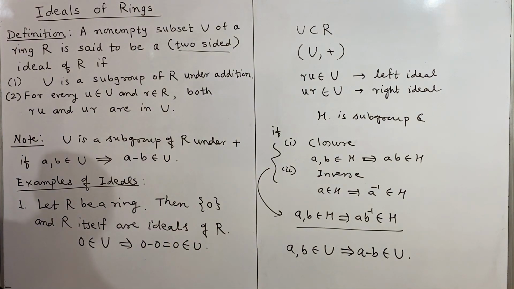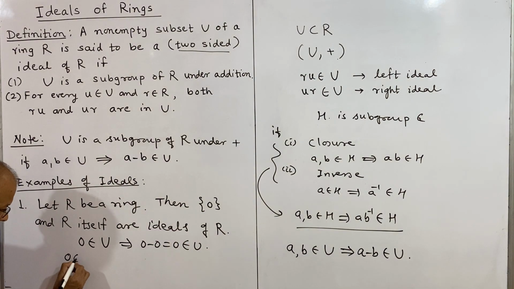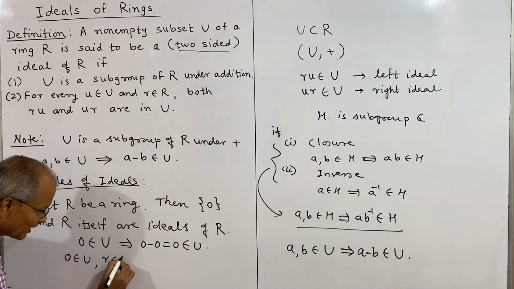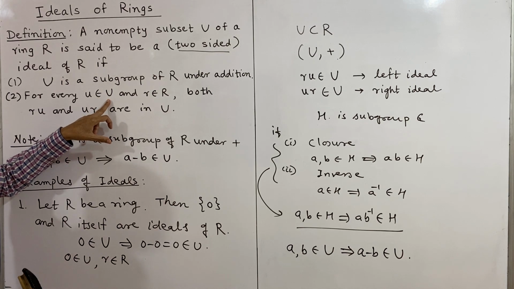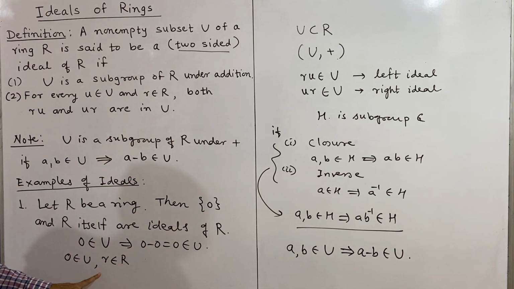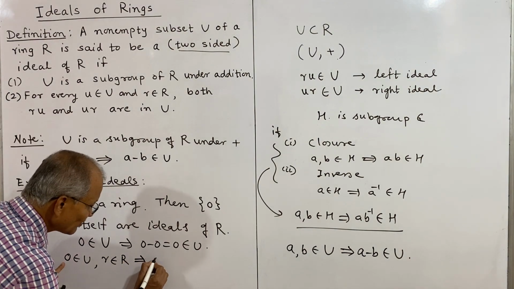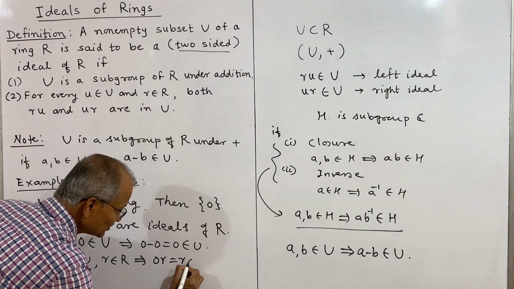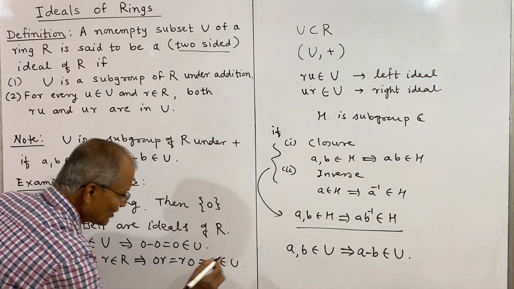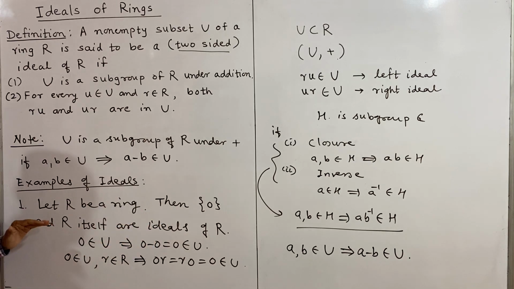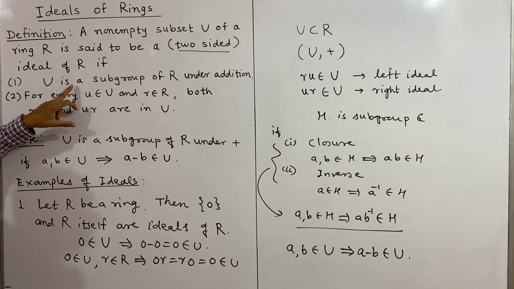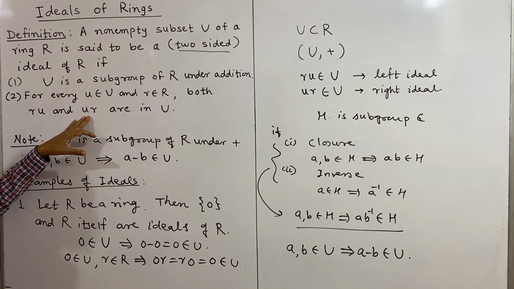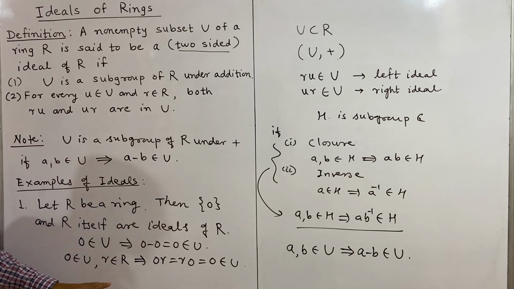And the second thing: 0 is in U, and take any element r in R. Any element u in U here is only 0. So 0 in U, r in R implies 0 times r or r times 0, which is 0, and that is in U. So 0 is an ideal. Both conditions are satisfied.